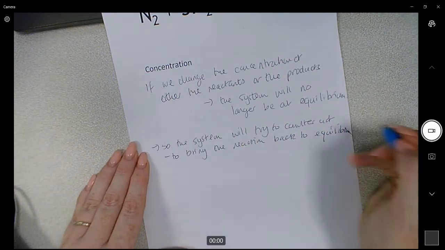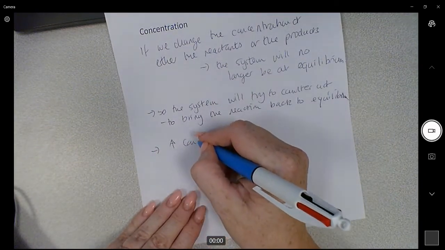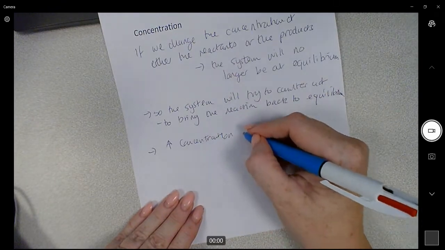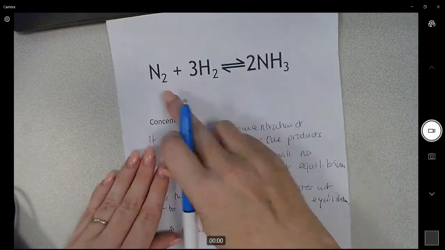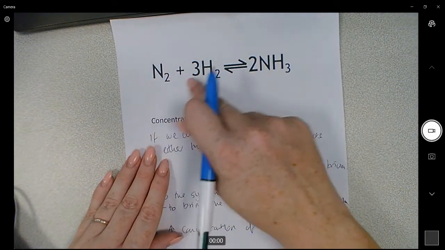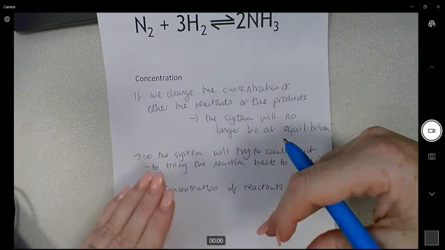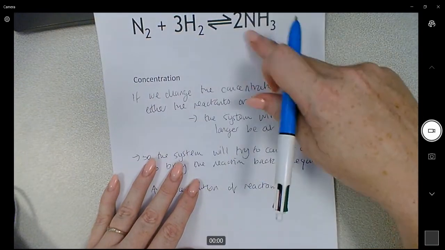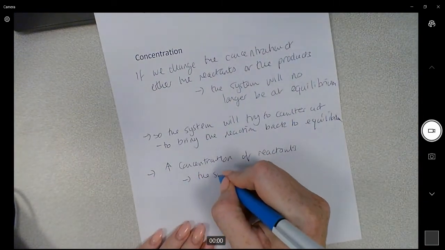So let's look at what we mean by that. If I increase the concentration of reactants, so here I've got nitrogen plus hydrogen, if I increase the concentration of those reactants, then the system will try to decrease this by making more product.